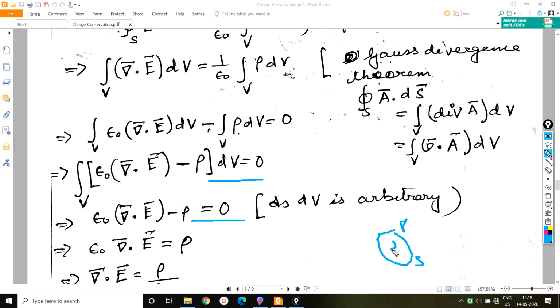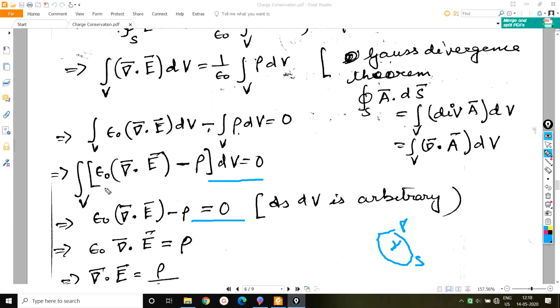This surface was enclosing a volume V here. We did not specify any specific surface, nor did we specify what the volume of the surface was.